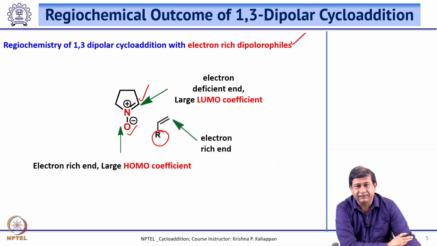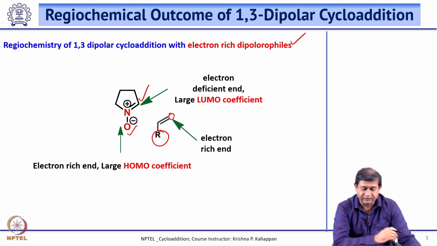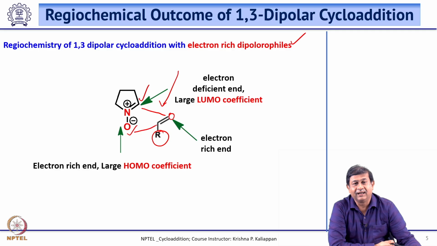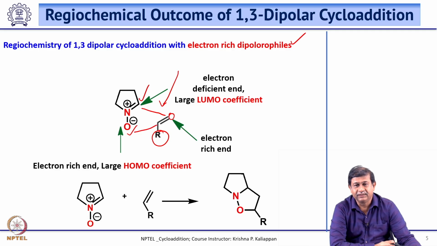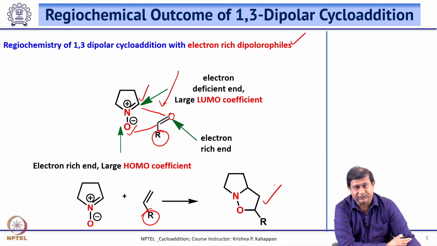Okay. Then what will happen? So, this is the electron rich end. So, the reaction will take place between these two carbon and oxygen and this carbon. So, that will lead to this regioisomer. Okay. With electron rich alkene, mostly you get this regioisomer.